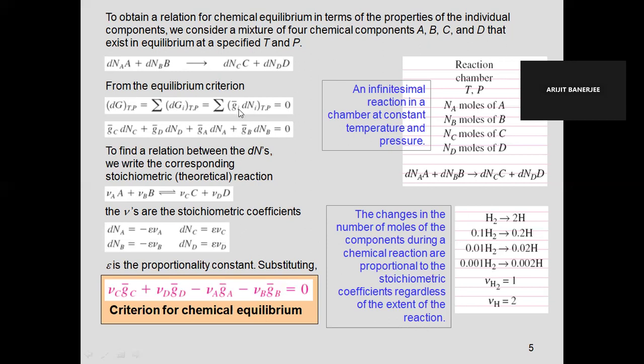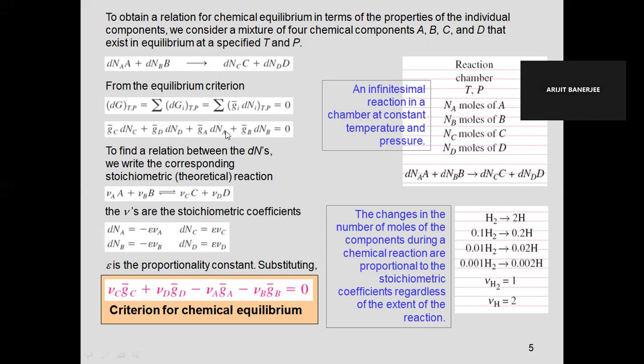So total Gibbs function change is equal to the Gibbs function per unit mole multiplied by the change of the number of moles of the component. And this is at a specified temperature and pressure. I guess it is clear.